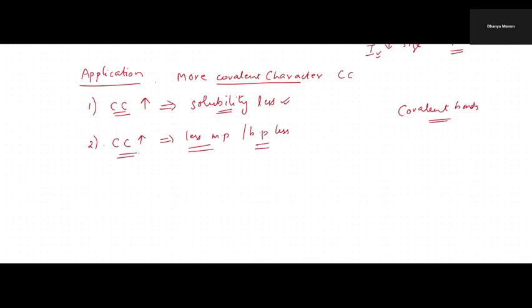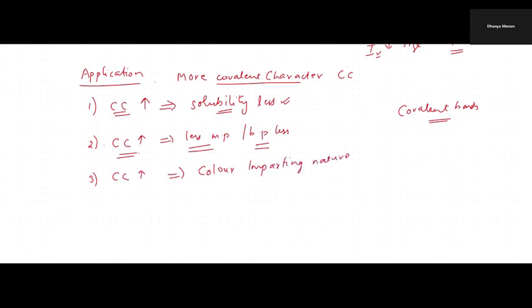Okay. And those kind of compounds whose covalent character is more will be imparting more color. So that means they have color imparting nature. They will be more darker in color.